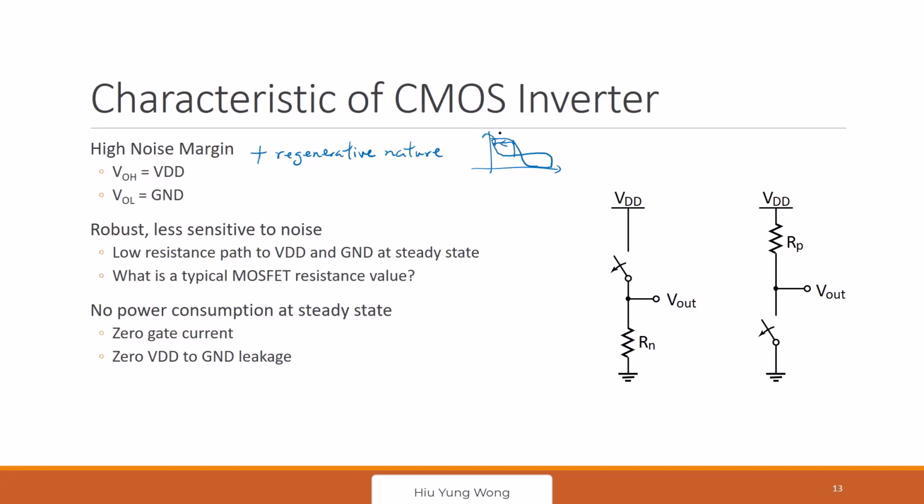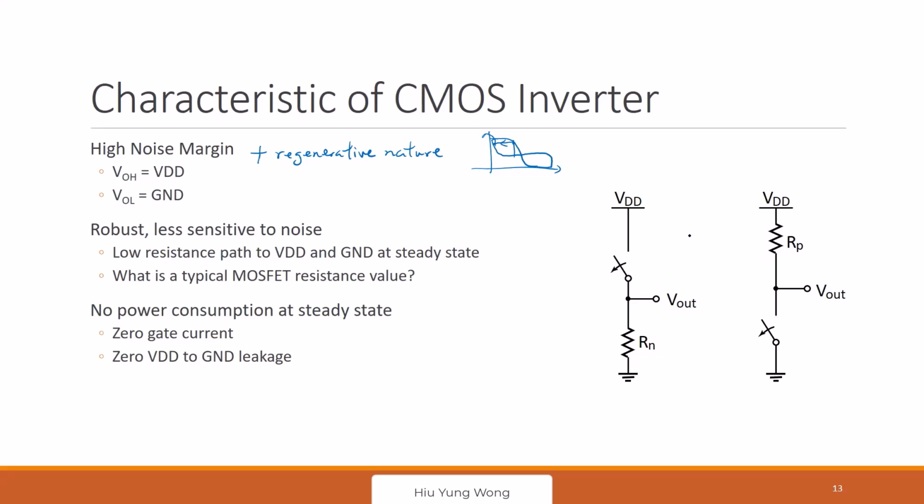It will just go to the VDD and ground. Another thing is that it has a low resistive path. So if I have a perturbation at this point, then it will be charged to ground or to VDD very fast. If it is floating, it doesn't have a low resistive path, then when you have a noise, it will just keep at that voltage.